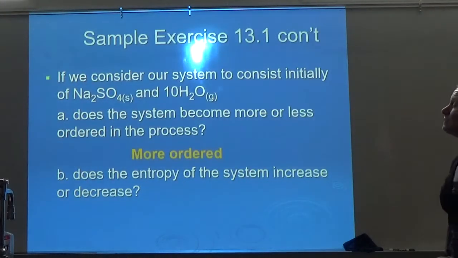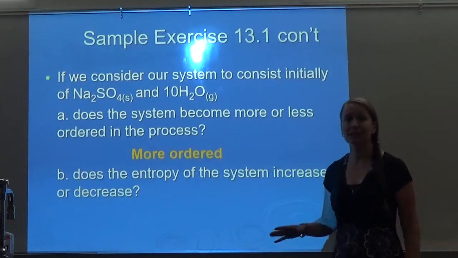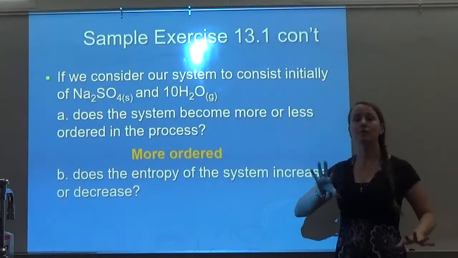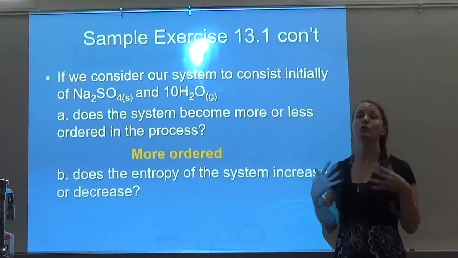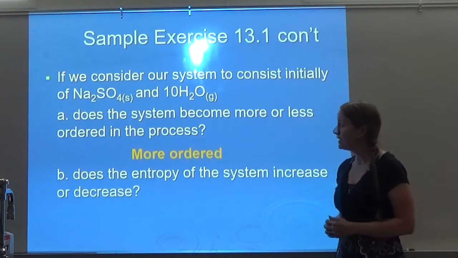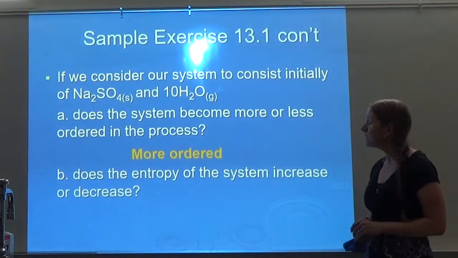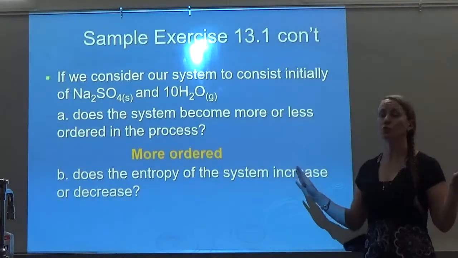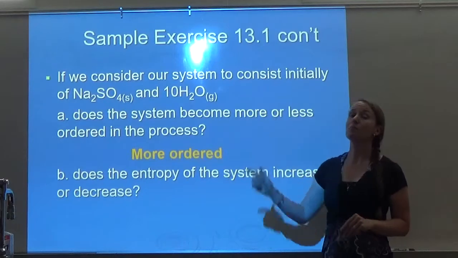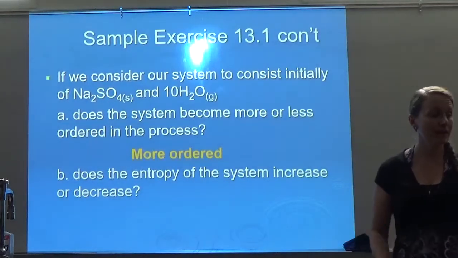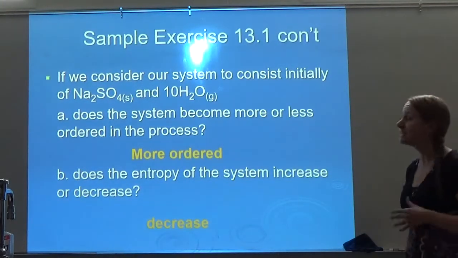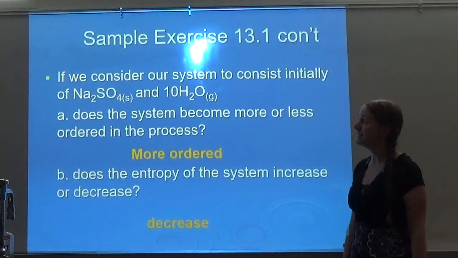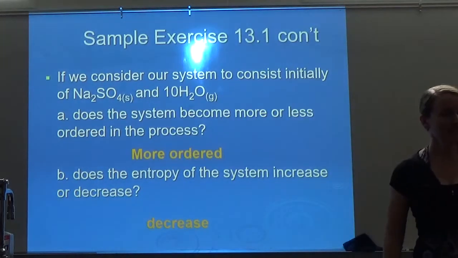So the process becomes more ordered because all the randomness of those gas particles is now orderly when it's in its hydrate form. Does the entropy of the system increase or decrease? Well, remember, entropy is based on disorder. So we're becoming more ordered, so our entropy would, in that case, decrease. Our entropy would decrease.